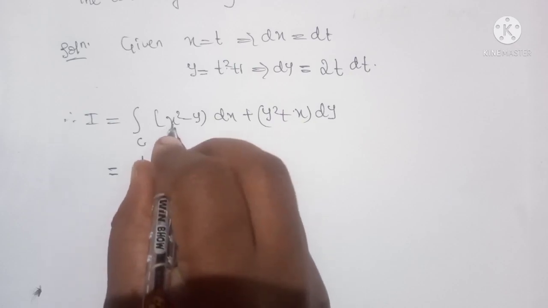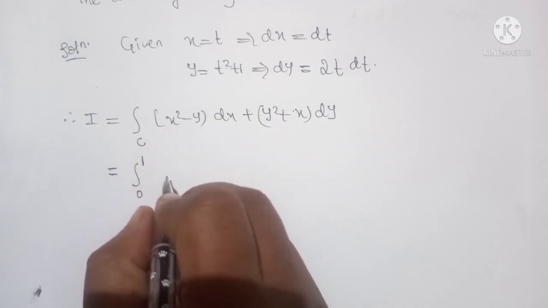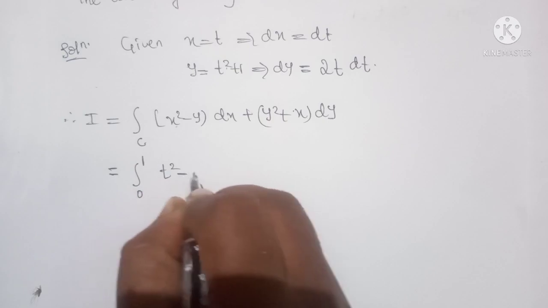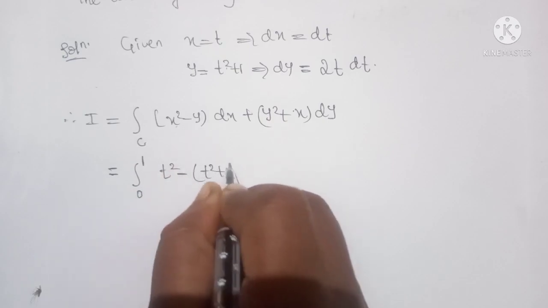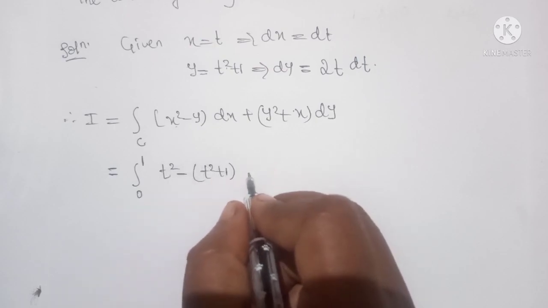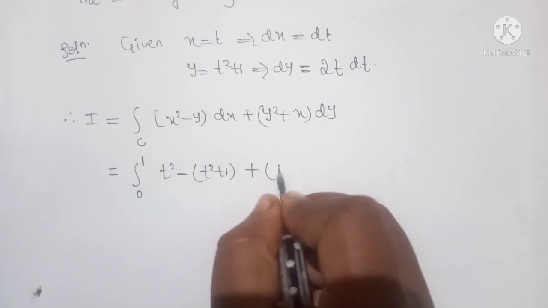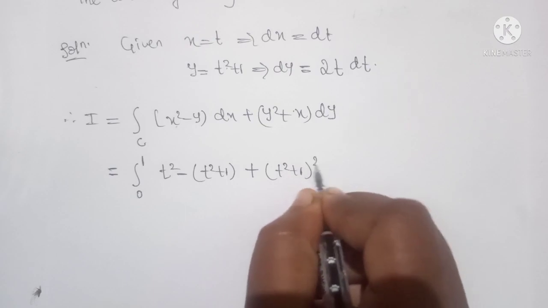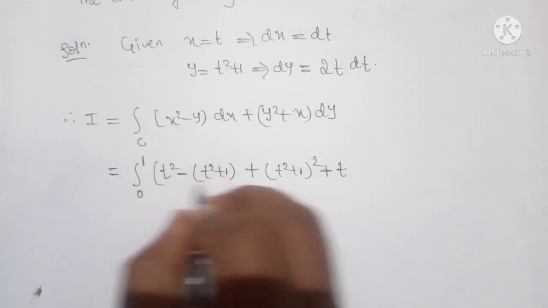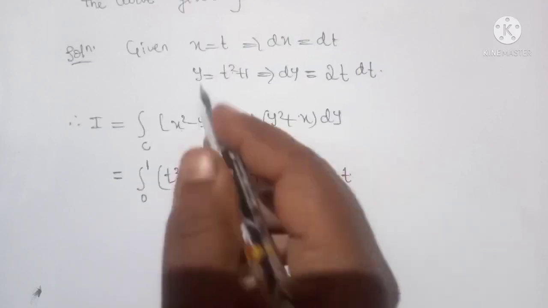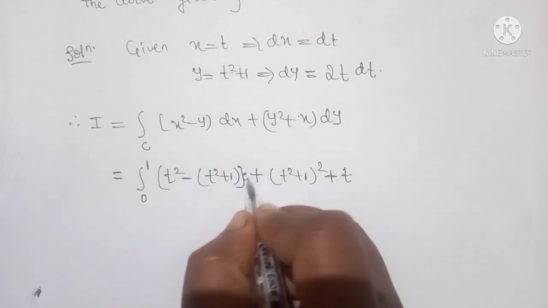Okay, x square value is t square minus y, y means it is t square plus 1. Next plus y square means it is t square plus 1 whole square plus x is t.